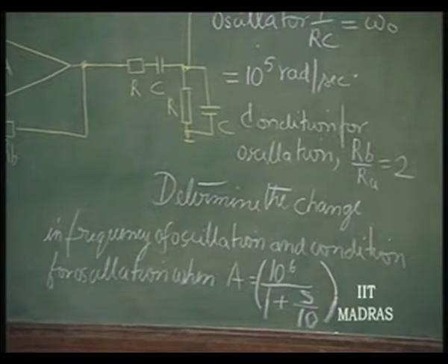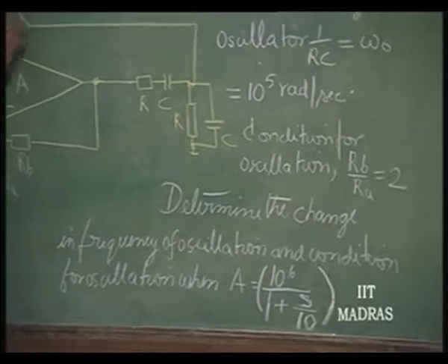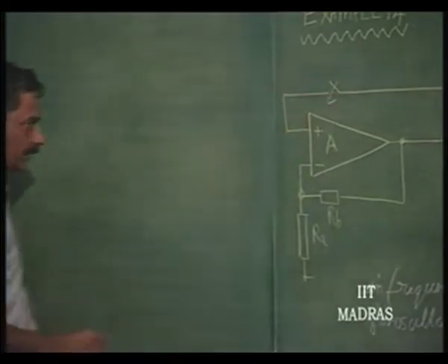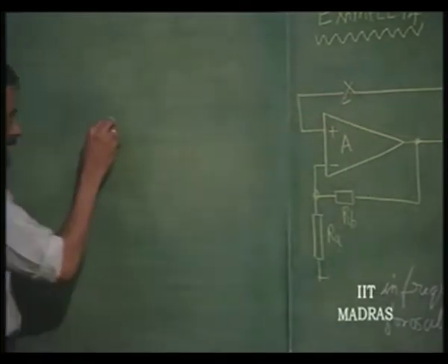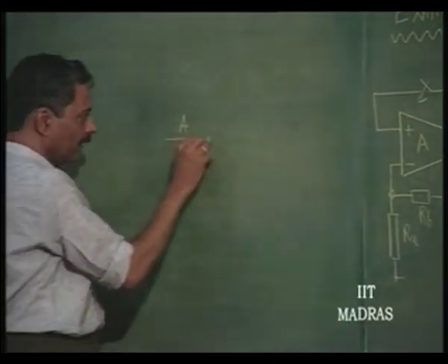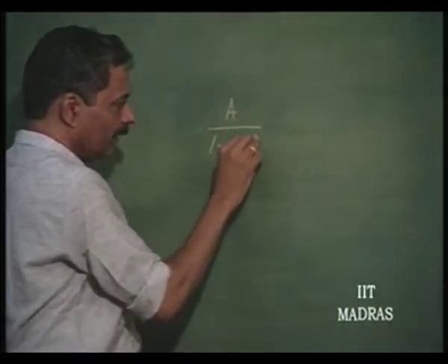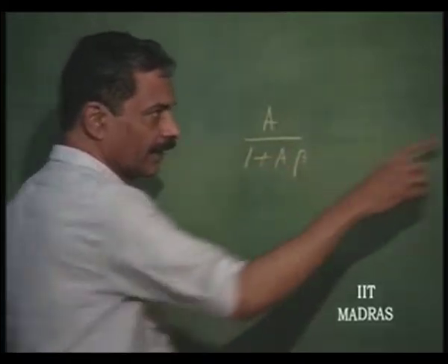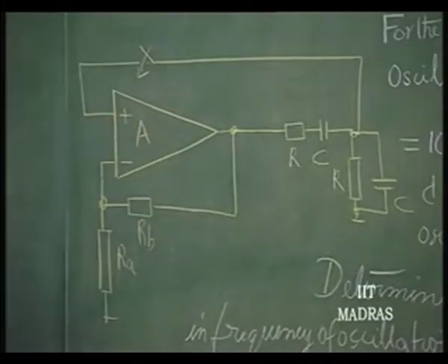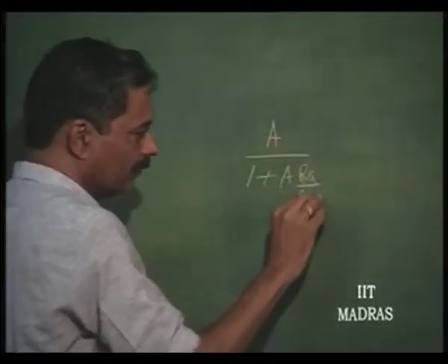How do we solve this problem? We will again write this loop gain. This is to be closed, this is the loop. So, A by 1 plus A beta is the gain from here to here, beta being RA by RA plus RB.